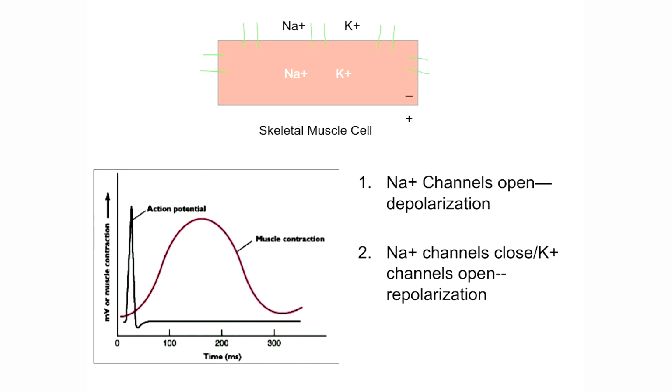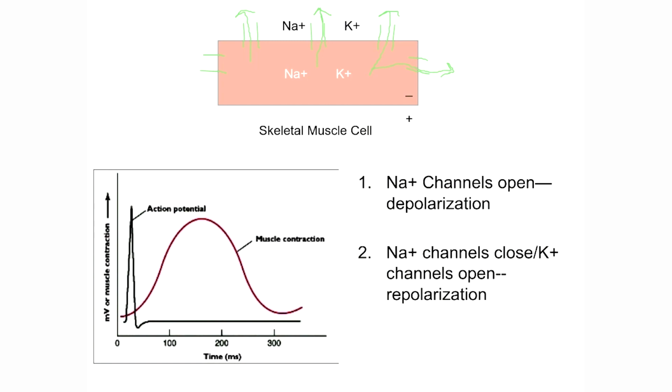So in that case, what's going to happen is potassium is going to start to move out these channels that have opened, down its concentration gradient from an area of higher concentration inside to an area of lower concentration outside. When that happens, all of a sudden, once again, most of the positive charge is moving in this direction from inside to outside in the form of potassium.